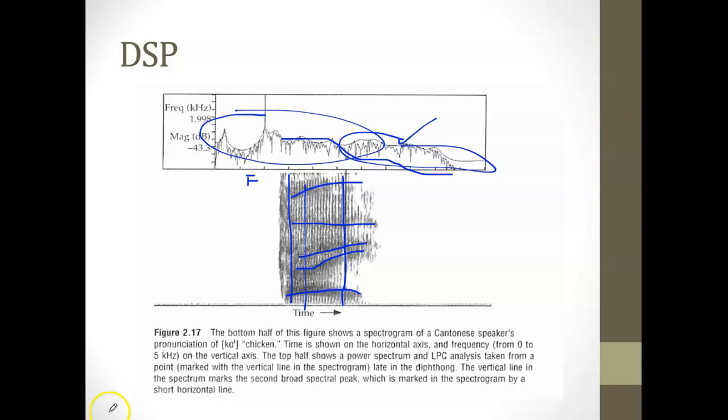Anyway, this is the spectrogram right here.